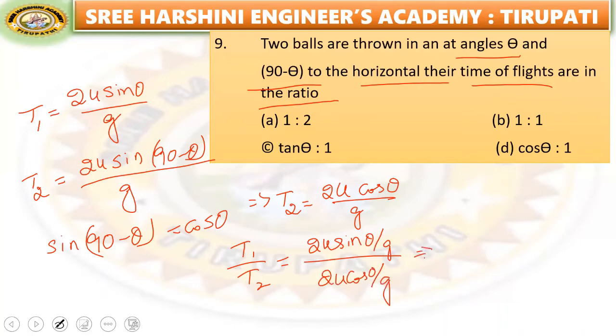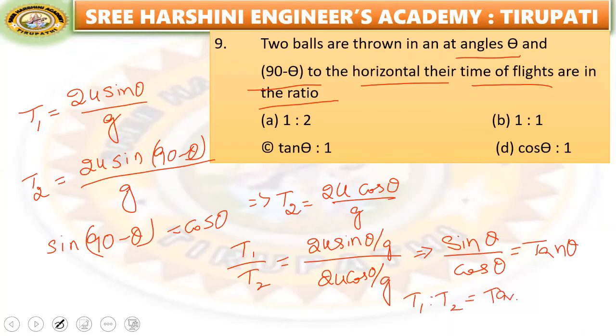So 2u cancels, g cancels, remaining sin theta by cos theta, that is equal to tan theta. So T1 is to T2 is equal to tan theta is to 1. So option C is the right answer.